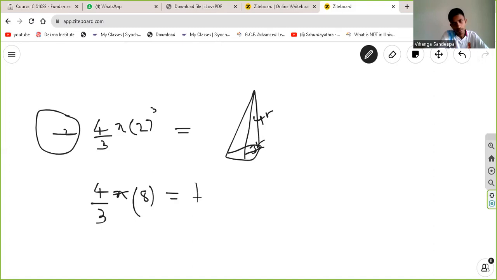What is the volume of a cone? 1 over 3 into pi r squared h. r means 3r, h means 4r. Then pi to pi cancel, 4, 3 to 3 cancel, then 32.